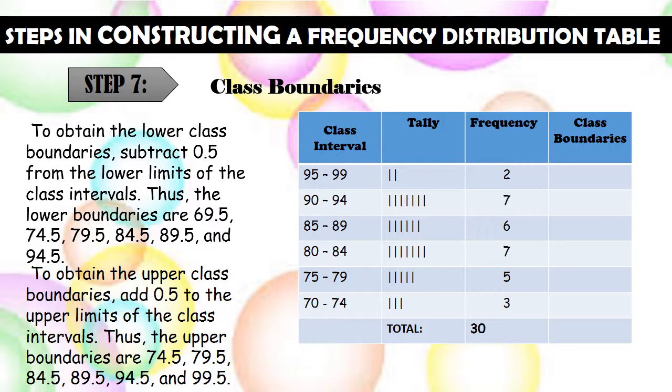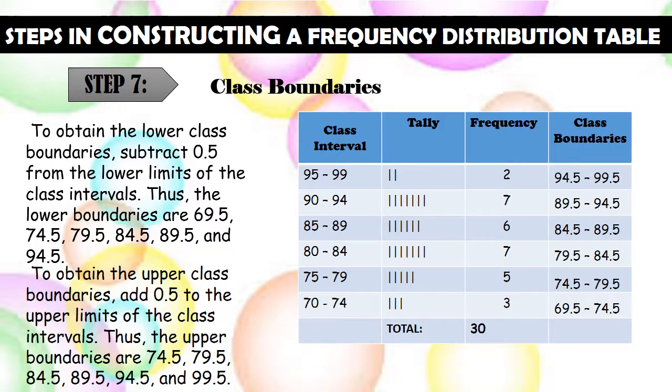Thus, the upper boundaries are 74.5, 79.5, 84.5, 89.5, 94.5, and 99.5. So, we have our class boundaries. The purpose of class boundaries is to avoid gaps in the continuous number scale.